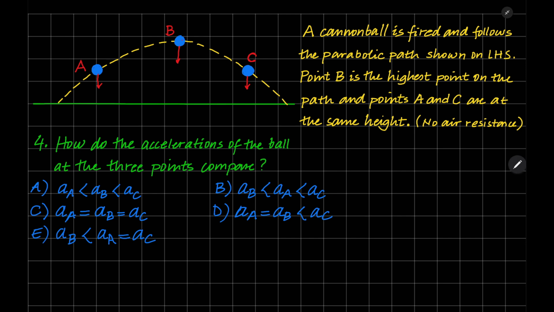Option A, acceleration A is less than acceleration B, which is less than acceleration C. This is false. B, acceleration B is less than acceleration A, which is less than acceleration C. This is false. C, acceleration A is equal to acceleration B, which is equal to acceleration at point C. This is true.